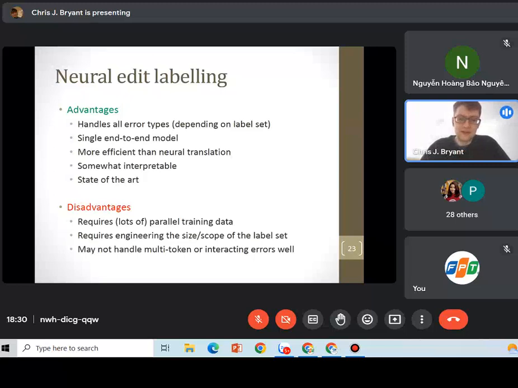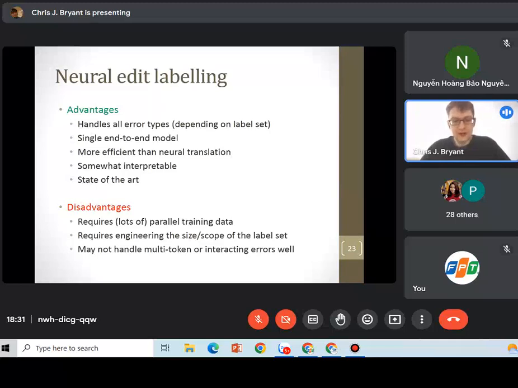Another advantage over machine translation is that it's more efficient. Whereas machine translation has to predict a word at every given position, neural edit labeling only needs to predict a label, and typically the number of labels is much smaller than the number of words the model predicts. So it's a lot faster to run if you want to deploy this in a realistic setting. Unlike machine translation, it's also somewhat interpretable.